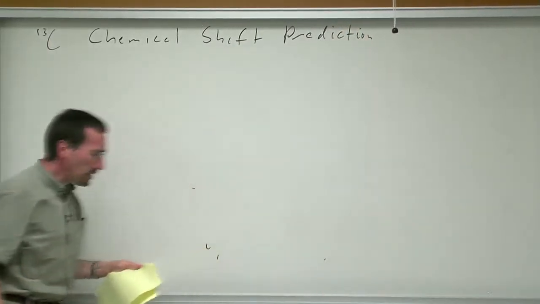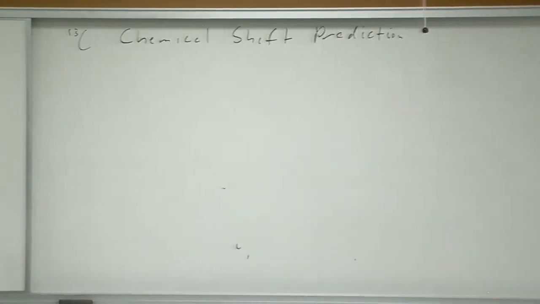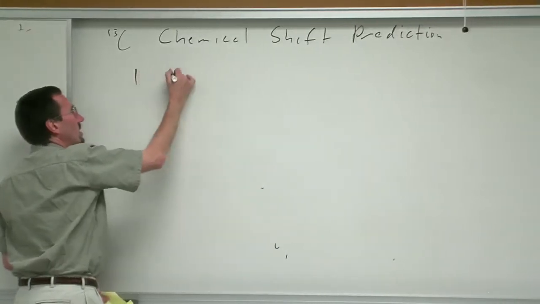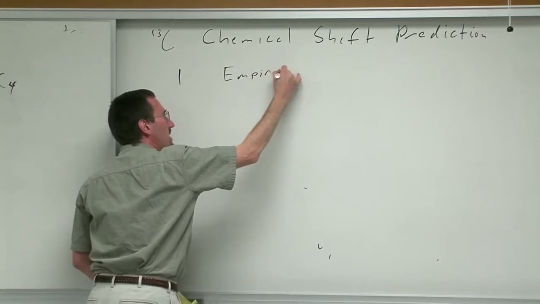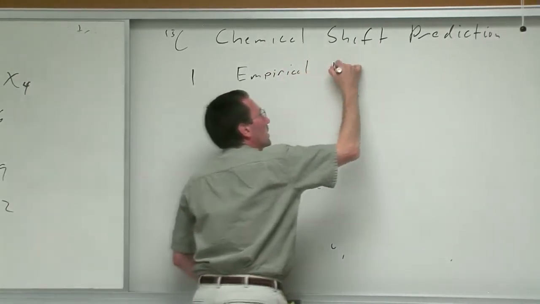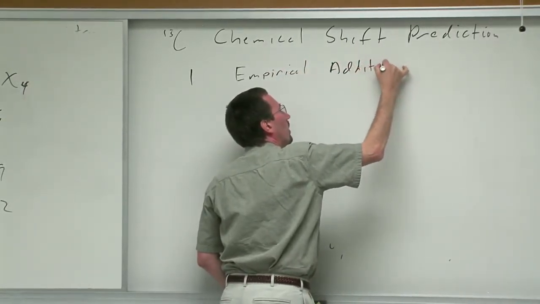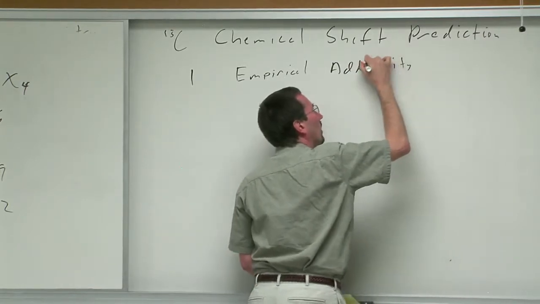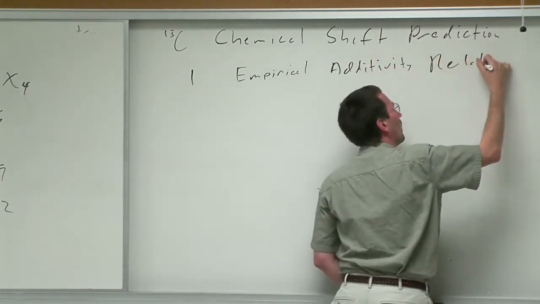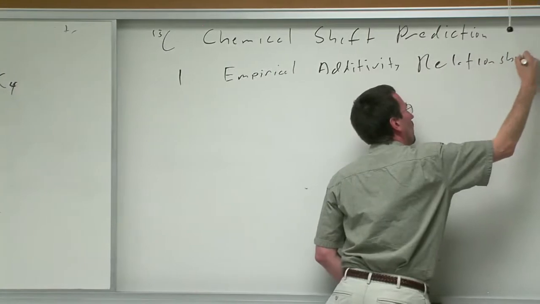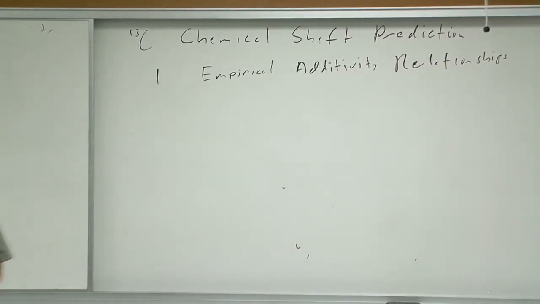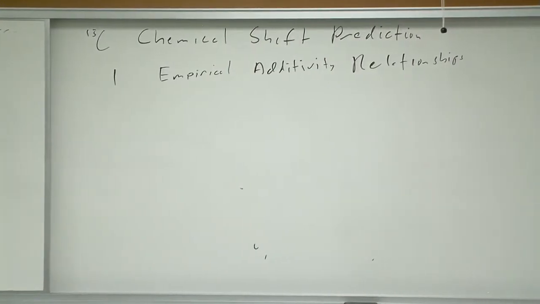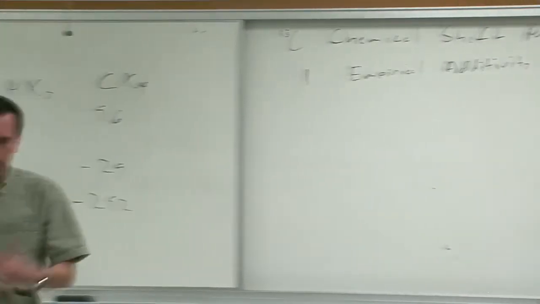And we're going to talk about 3 different ways of doing this. One is what is called empirical additivity relationships. That's the simplest. The idea there is we're going to go and say, OK, the effect of an ortho substituent is this if it's an oxygen.